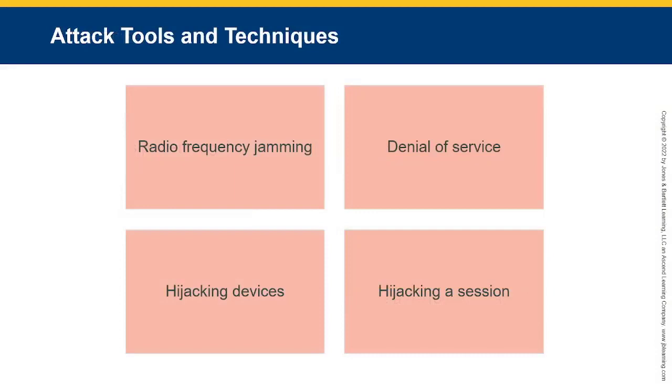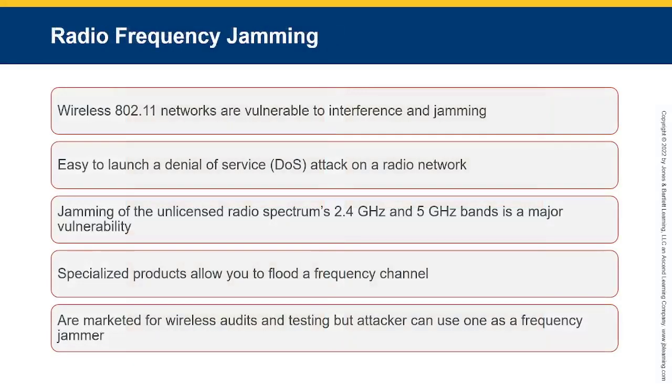Okay, you have these attack tools: radio frequency jamming, DoS, hijacking devices, and hijacking a session. If you jam the RF signal, then all wireless 802.11 networks are vulnerable. It is easily launched as a denial of service.